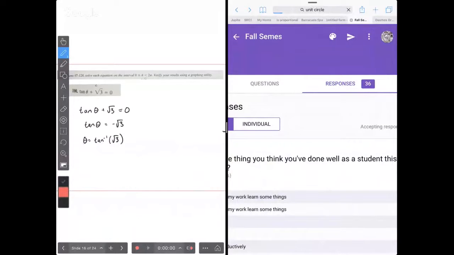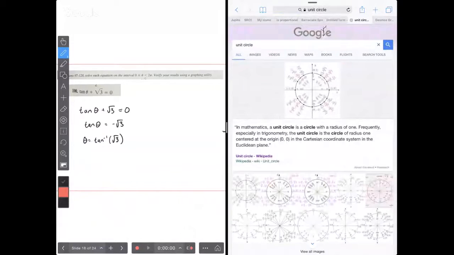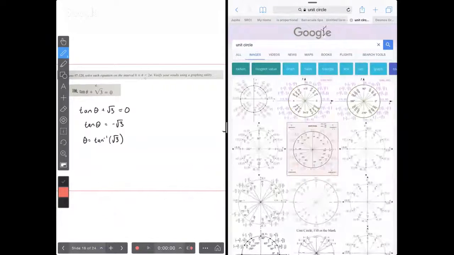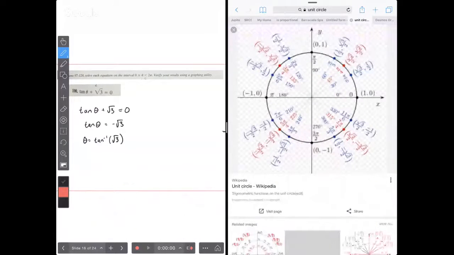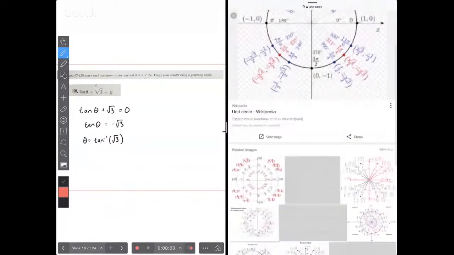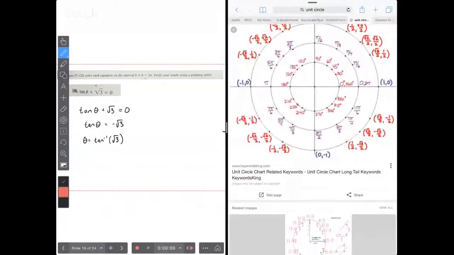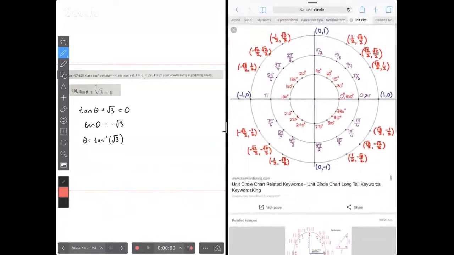Yeah, the 95, that would be with Desmos, Emily, for sure. Here's a nice unit circle.